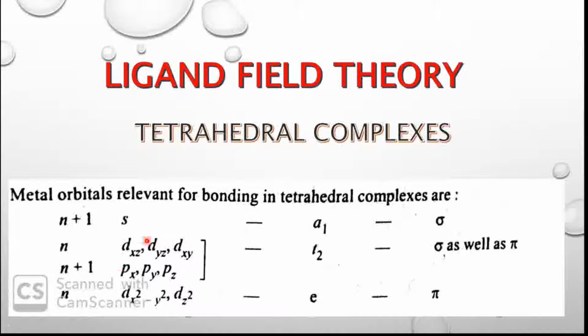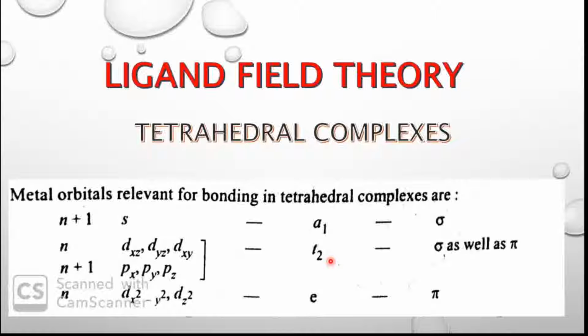And if you go for the d orbitals, dxy, dyz, dzx, their orientation is in between the axes. It is a T2g set in the octahedral case, but here we cannot say T2g, so the symbol used is T2. And in my previous classes you have seen that whenever the dxz, dyz, dxy orbitals are there, they can form sigma bonds as well as pi bonds. I have explained this in pretty much detail. Why haven't I written g here?